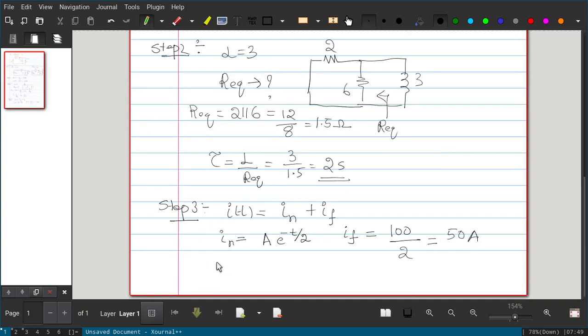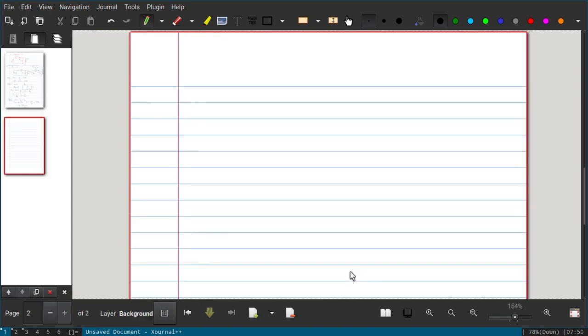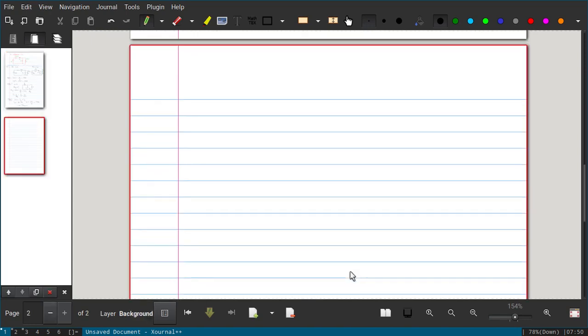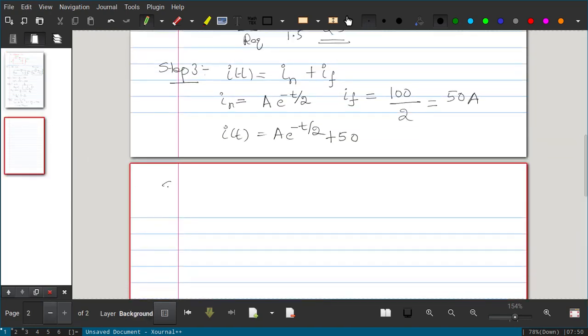So now our I of t is A into e power minus t by 2 plus 50. Now only remaining is we have to find this constant A. Okay, step 4.